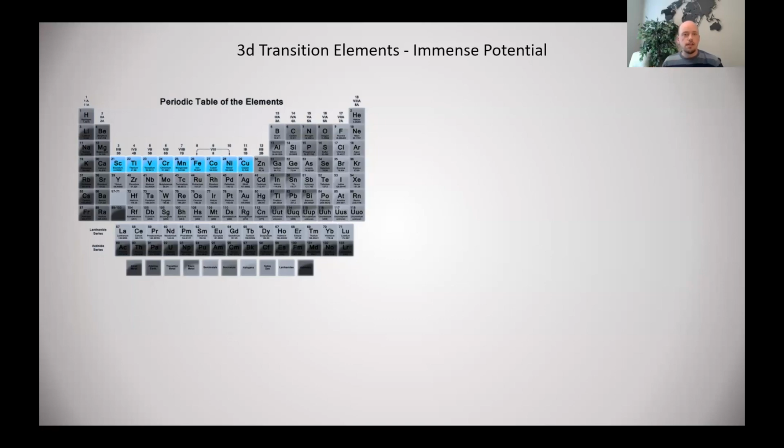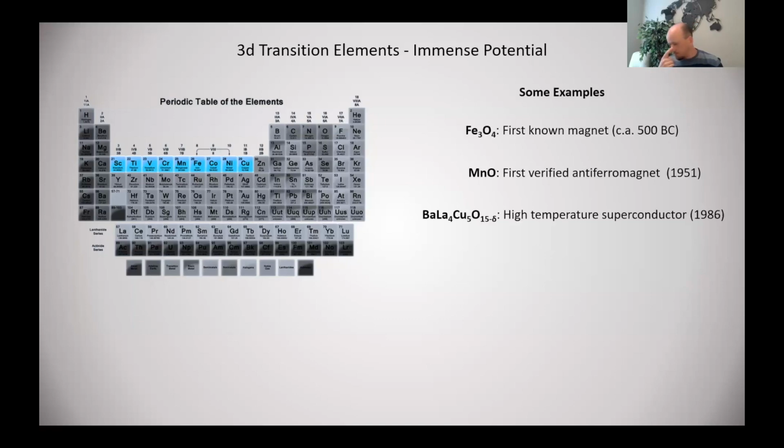And just as an example, throughout history of some flagship 3D transition element compounds, the very first known magnet, a few millennia ago, was known as lodestone. It was just a mineral that was discovered that would attract other objects.